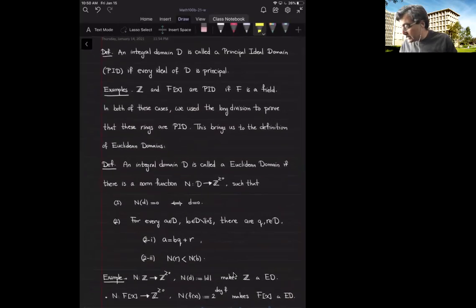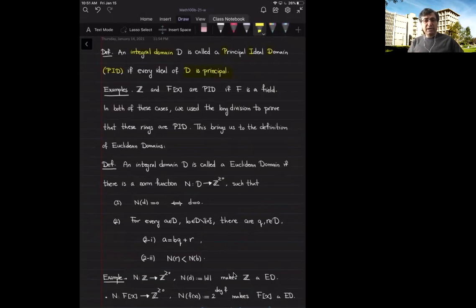An integral domain D is called a principal ideal domain, and we often abbreviate it and just write PID, if every ideal of D is principal. You see, we have already assumed that it's an integral domain. So an integral domain is called a principal ideal domain if every ideal of D is principal.